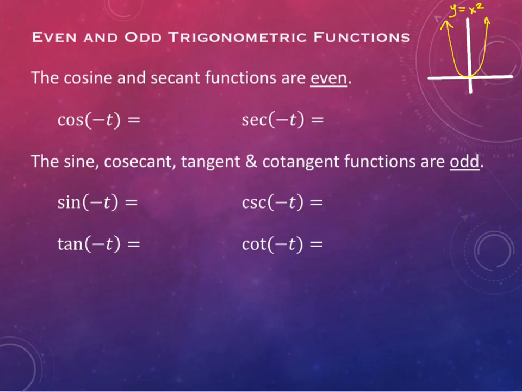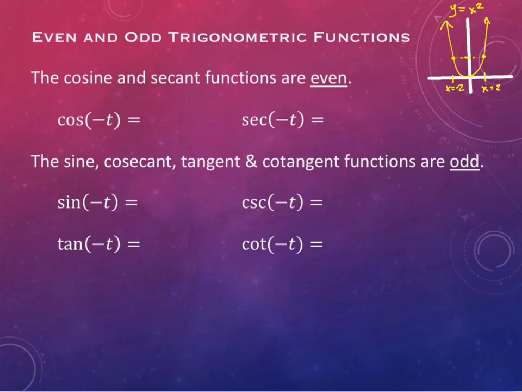All of the x values over here and the y value that comes about on the right side are the same y values that show up on that left side. So if I pick an x value of 2 over here, and an x value of negative 2 over here, I'm at the same y value height. Does that make sense? That's what it means to be even: it doesn't matter whether the x is positive or negative, I get the same y value.